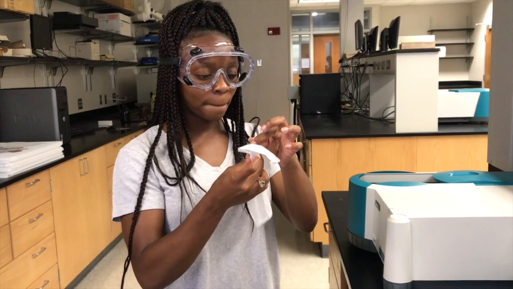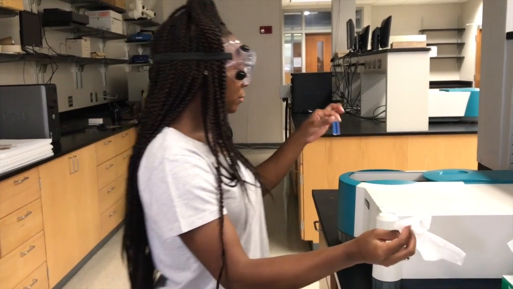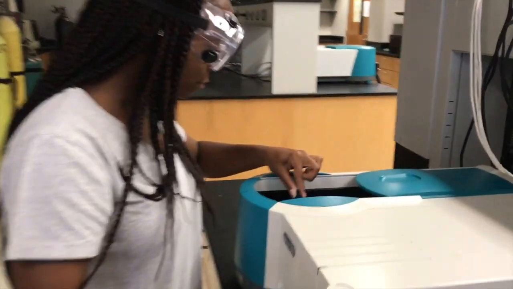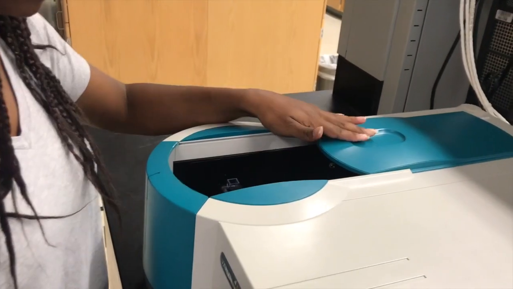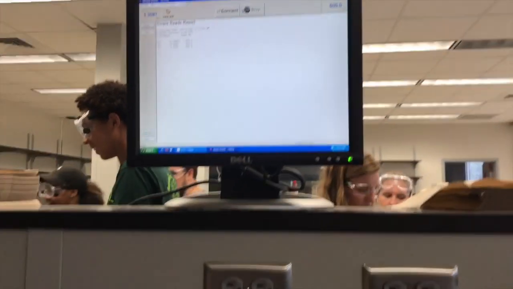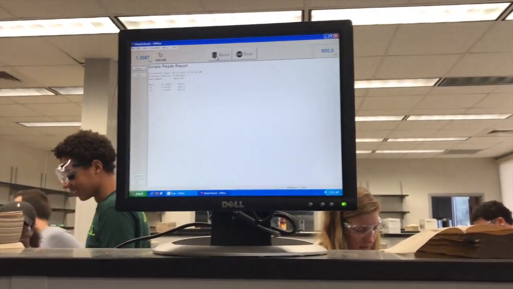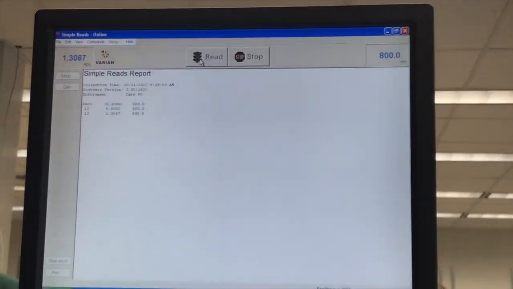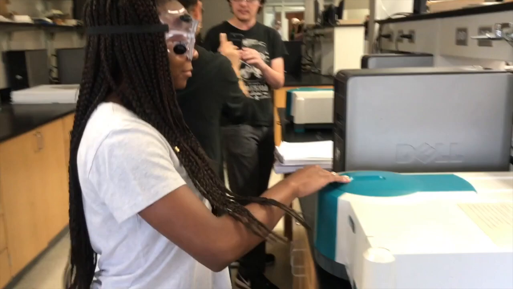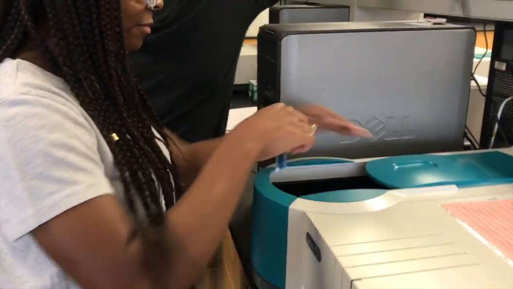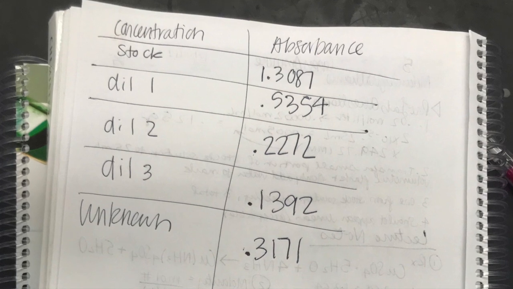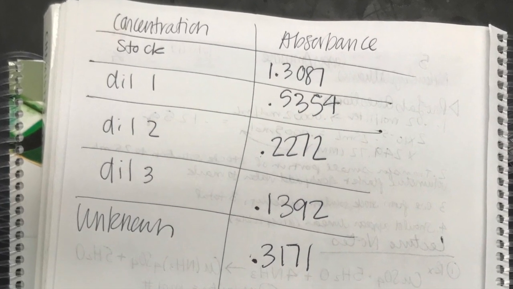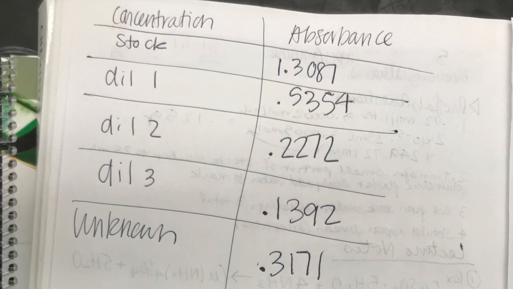Then repeat this procedure with your stock solution cuvette, each of your dilution cuvettes, and your unknown solution cuvette. Make sure to record the absorbance for each concentrated solution in your lab notebook.